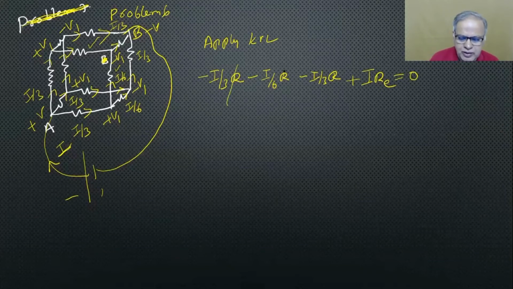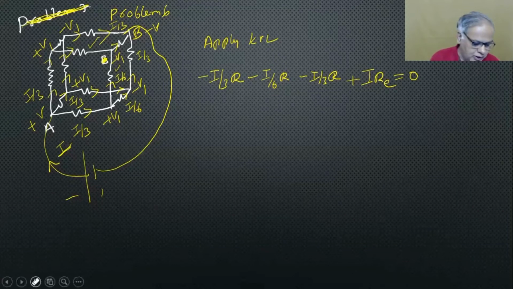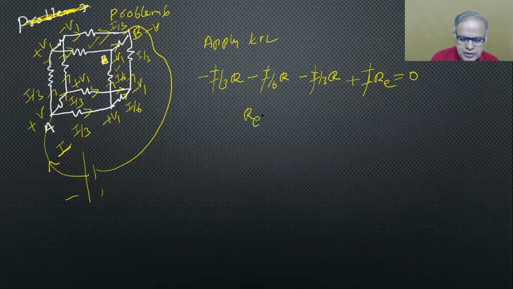So I going away, on all the sides. What will you get? R effective is 5R by 6 only, isn't it? I by 3, I by 6, I by 3. Shall I write it or shall I write straight away 5R by 6?